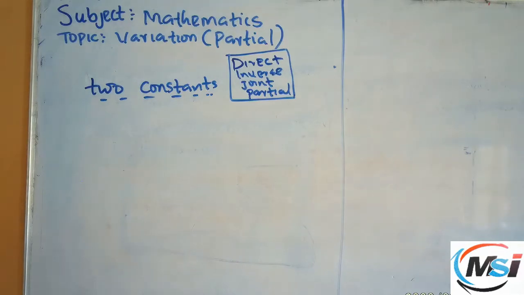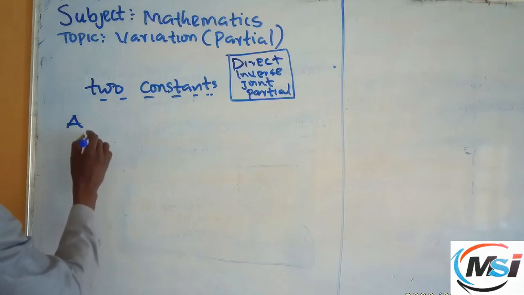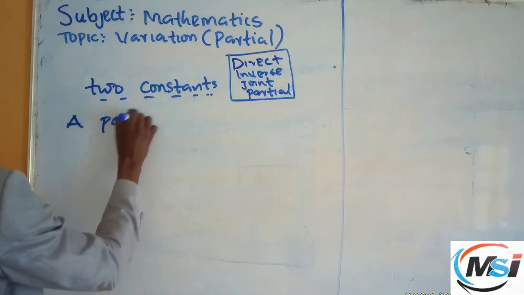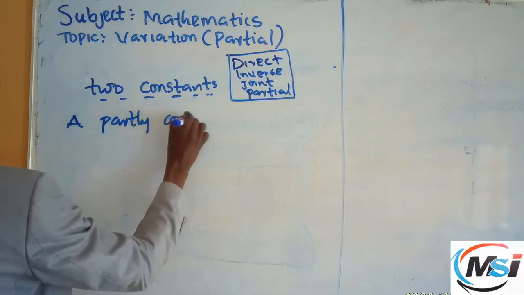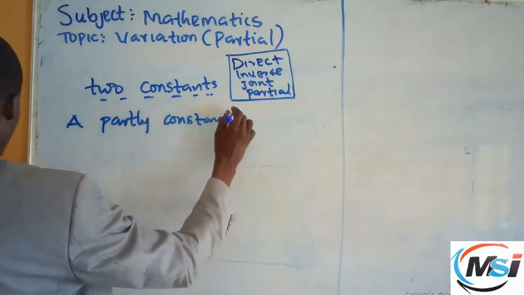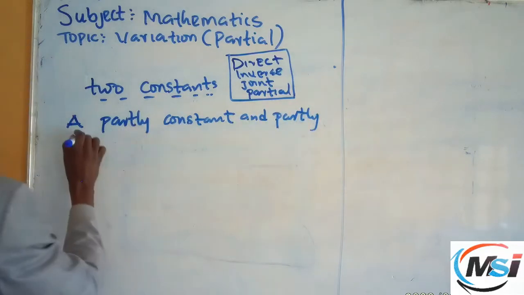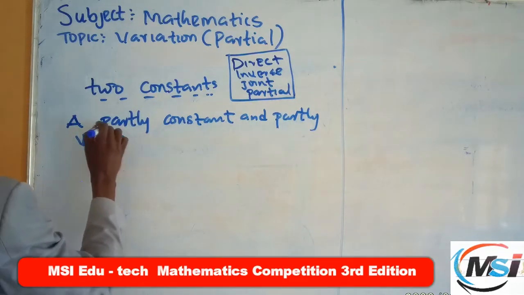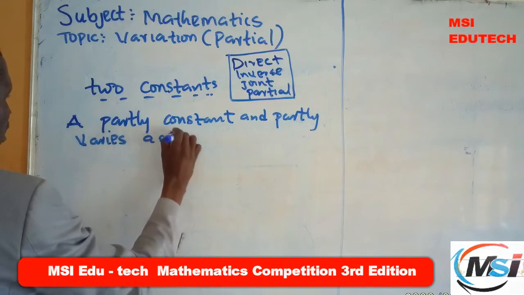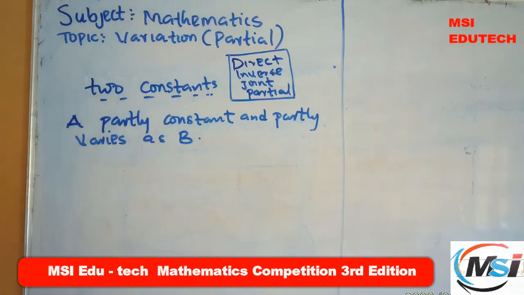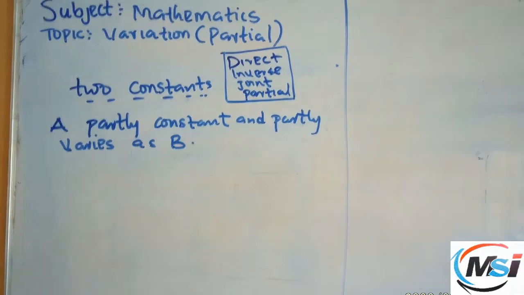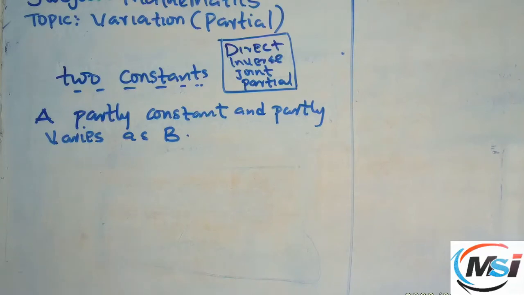Let's say, for instance, you have a statement like this: A partly constant and partly varies as B. Now, how can we explain this statement in a mathematical form? That is what we want to look at now. So let's see what we can do for this.